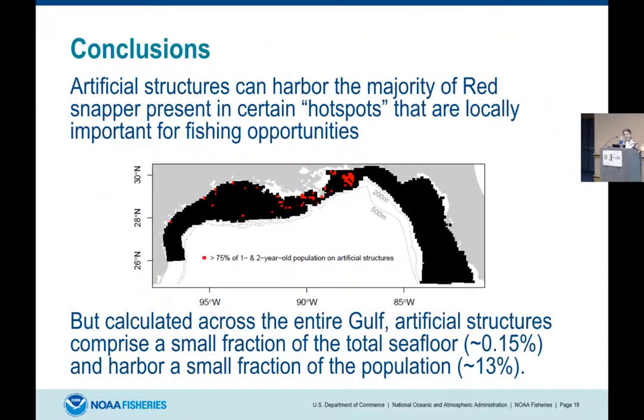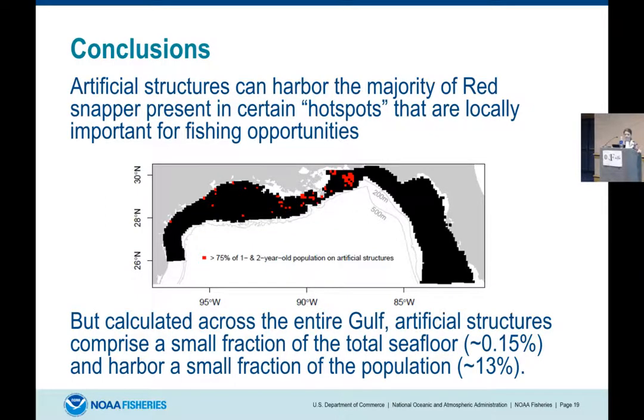So in conclusion, the artificial structures can harbor the majority of red snapper present in certain hot spots that are locally important for fishing opportunities, as we all know. But when you calculate across the entire Gulf, the artificial structures comprise a small fraction of the total seafloor. It works out to be 0.15% if you use that 100-meter radius assumption.